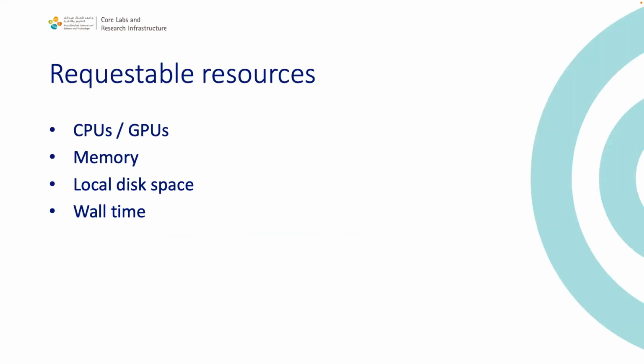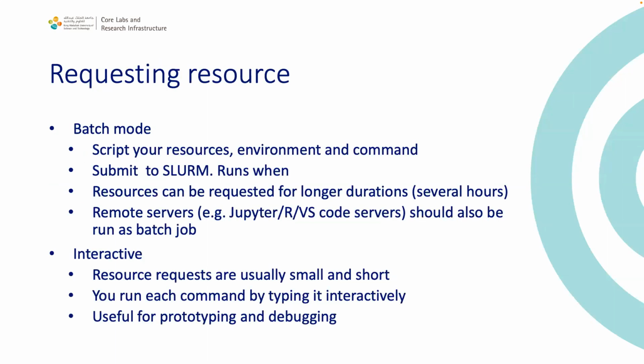You have different things that you can tell Slurm, like how much time you want, how much memory. As you saw in the previous slides, you can have access to different amounts of memory. So in a batch script you have to specify what you want, submit it, and when it runs, it could run for several hours. We have two modes.